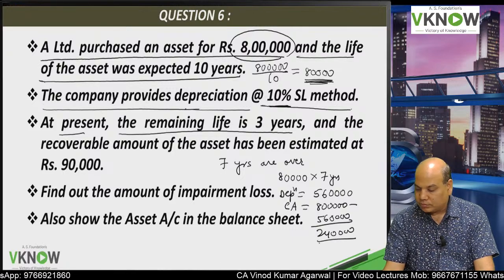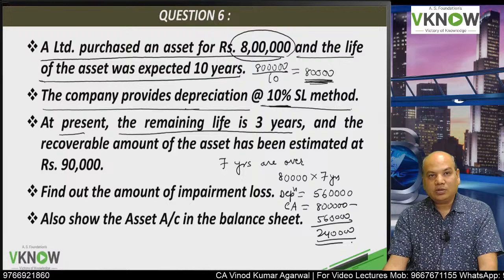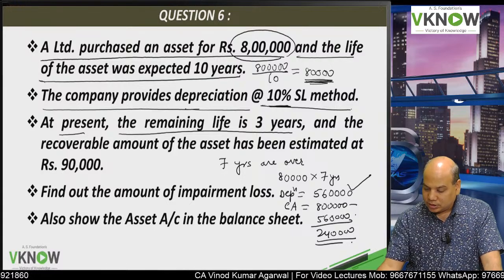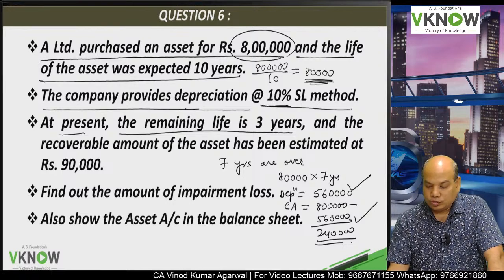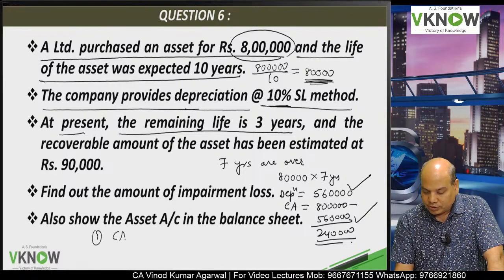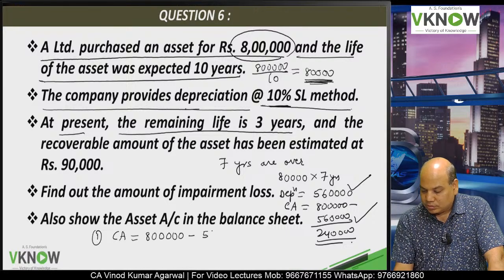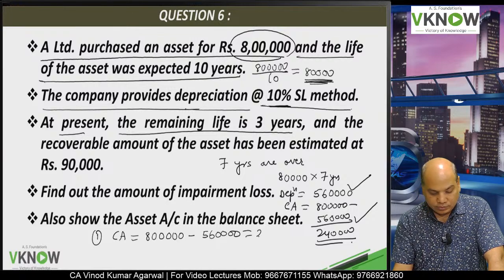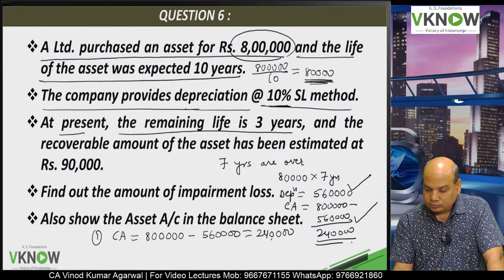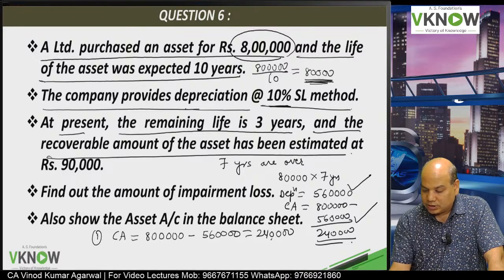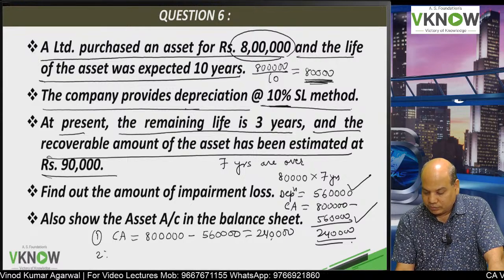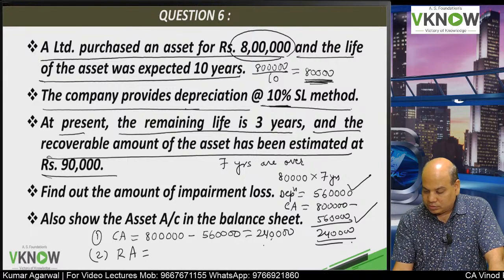2,40,000. Carrying amount will be cost minus accumulated depreciation, 2,40,000. So first number I got is carrying amount, which is 8 lakh cost minus 5,60,000, 2,40,000. Second thing, the recoverable amount of the asset is estimated at 90,000.